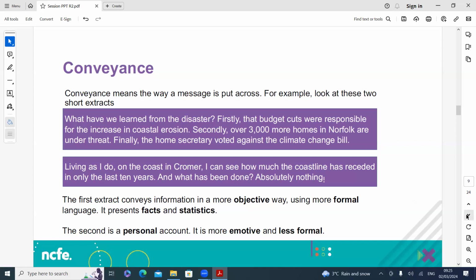Okay, so that could be a difference or a similarity between documents. If these were examples in your assessment, then you could talk about that.